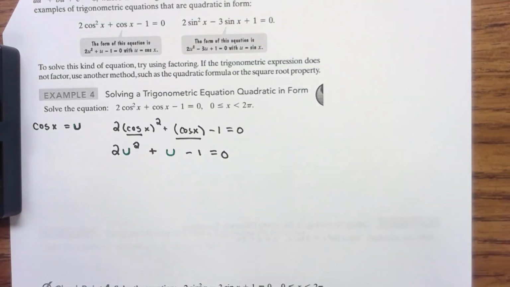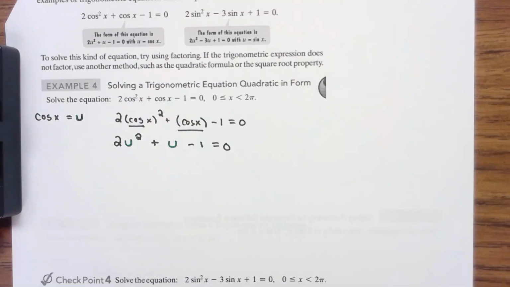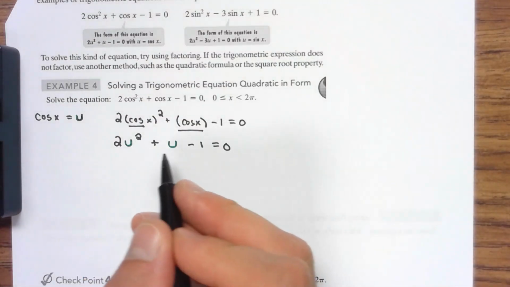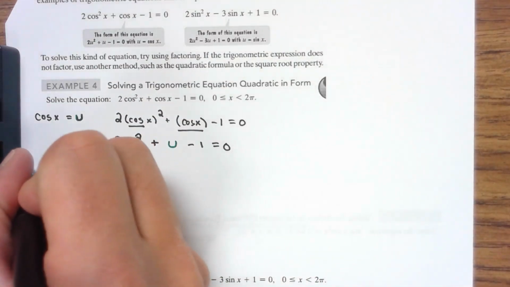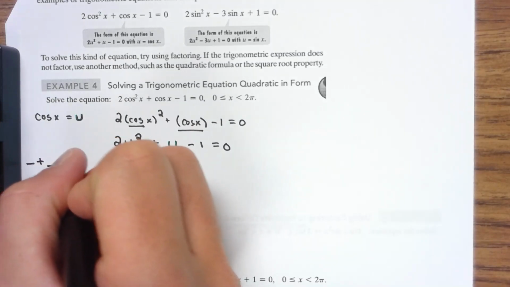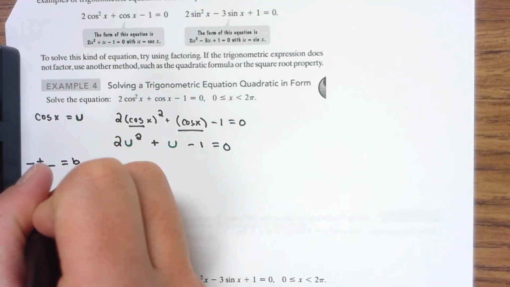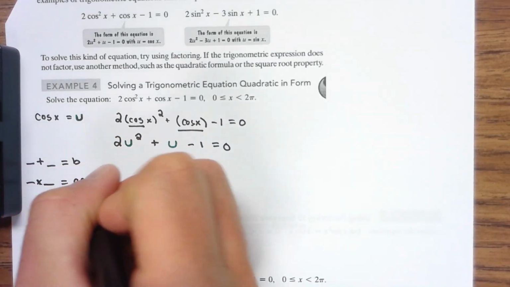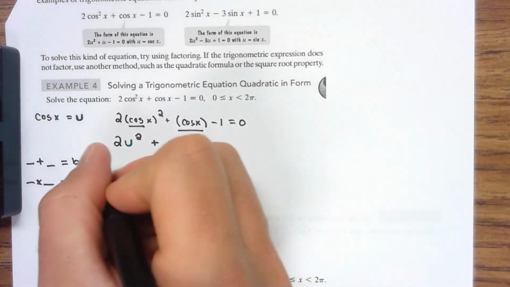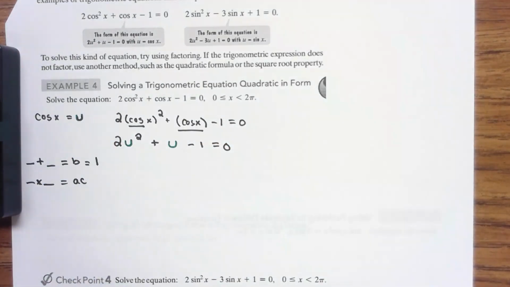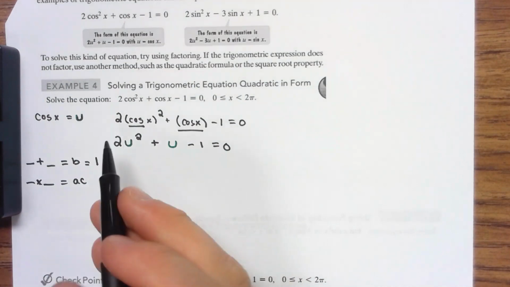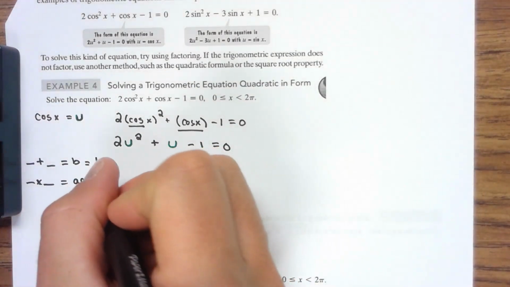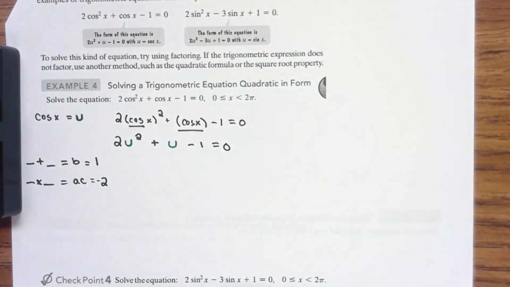It has been a little while since we've done factoring, so let's do a quick reminder of how to factor. When we're factoring, we need to find two numbers that add to b and multiply to a times c. The b value here is 1. A times c is 2 times negative 1, which is negative 2. And the two numbers that meet these conditions are 2 and negative 1.